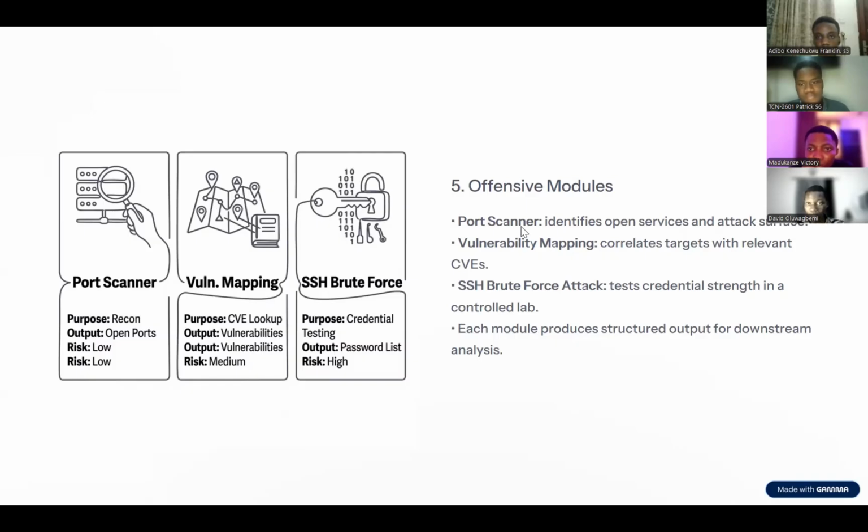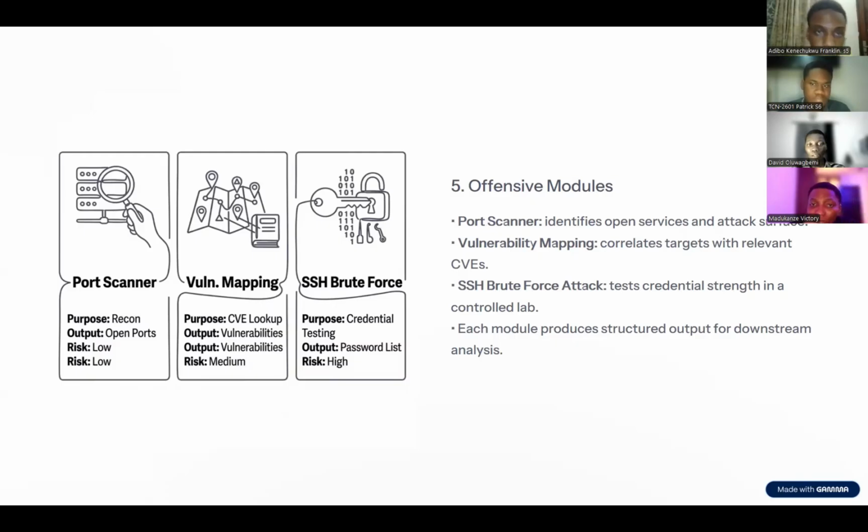Sorry for that. I'll be taking the SSH brute force attack. It is part of the offensive module. What this simply does is attempt the brute force attack. It's the one that performs the real offensive attack.